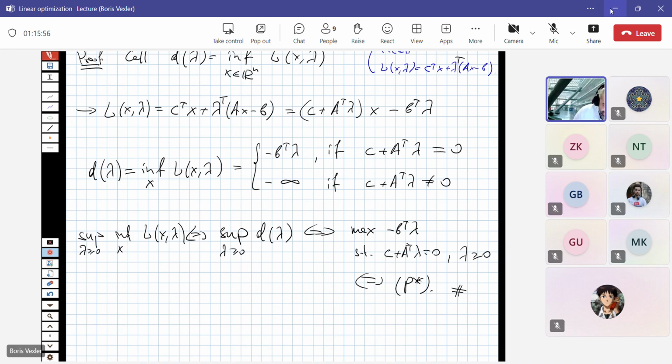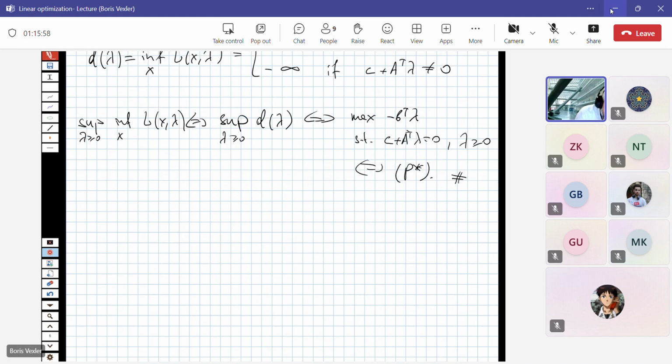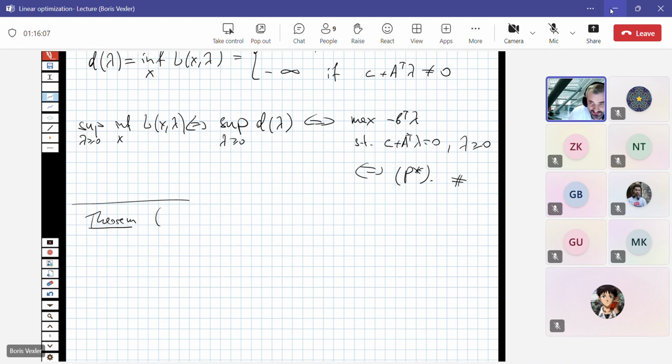The first theorem which we would like to study on the relation between these two problems is the so-called weak duality theorem. Later we will also have something called strong duality, but let us start with weak duality.